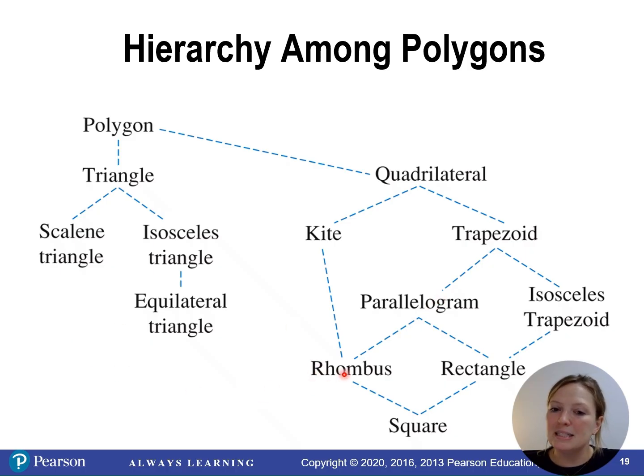So all rhombuses are parallelograms, and all rhombuses are also kites. Then squares are special cases of rhombus, where we have four right angles, and squares are special cases of rectangles, where the sides are all congruent. So all squares are rhombuses, and all squares are rectangles. All squares are kites, all squares are trapezoids, and all squares are quadrilaterals. So we have this nice hierarchy among those quadrilaterals.